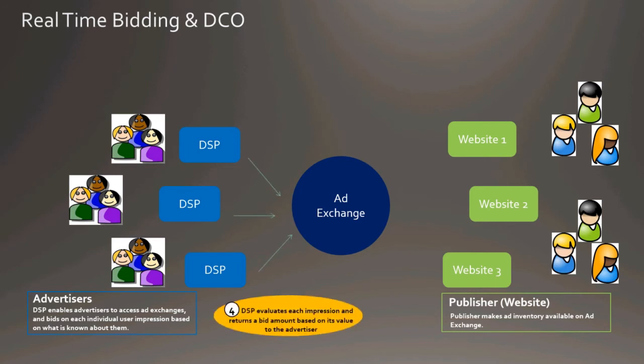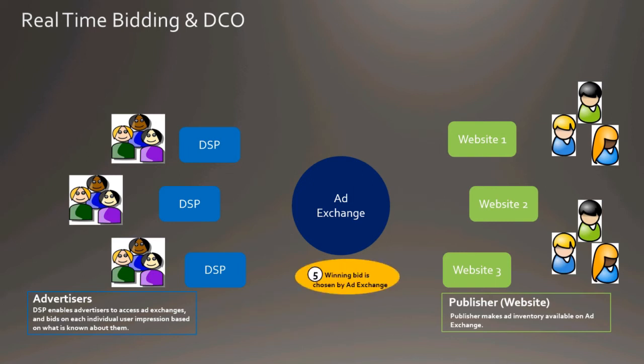The DSP evaluates all the data it has about that user. So it may take a look at which audience segment that user is in, and it may be, for example, in a retargeting shopping cart, a banner segment. It'll return a bid amount based on the value of that user impression for that advertiser in meeting the advertiser's goals.